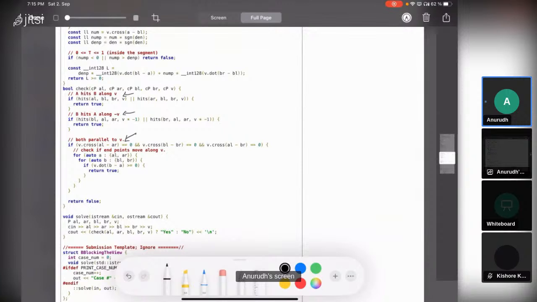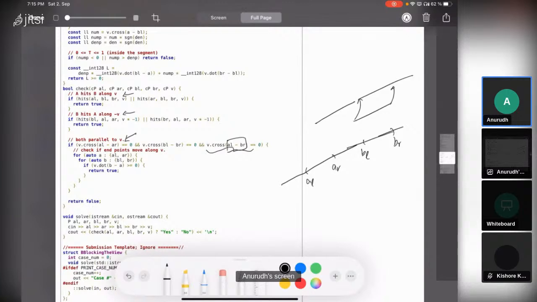And this tells you that both are parallel. Now you only care about the case where these two lines coincide, like they are the same line. So if AL, BR is also parallel to V, effectively this says that all these four points, AL, AR, BL, and BR, lie on the same line.